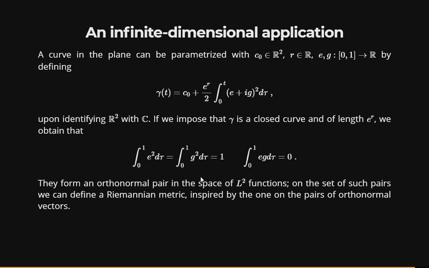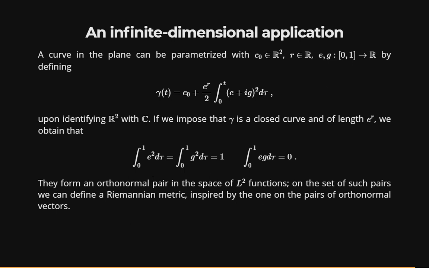Now, on pairs of orthonormal vectors, you can define a Riemannian metric. In R^n, they are the 2 times n matrices such that the product of the matrix and the transpose gives you the identity. So they're a generalization of orthogonal matrices. They're called the Stiefel manifold.